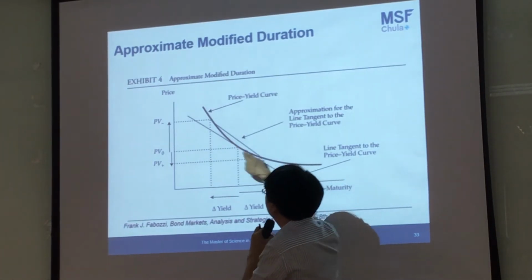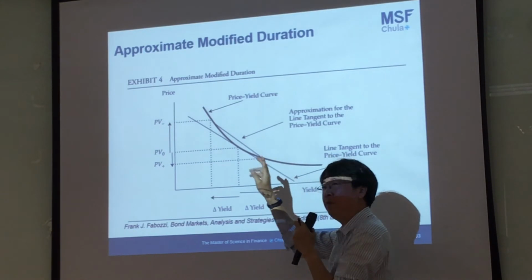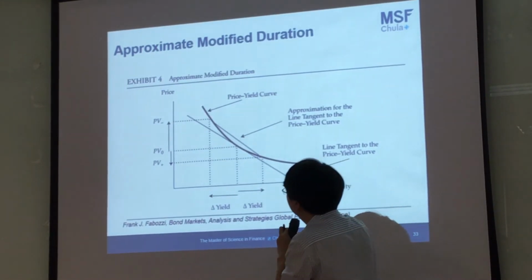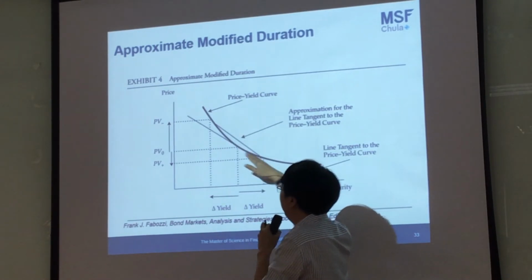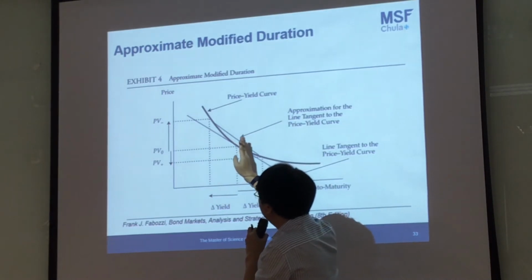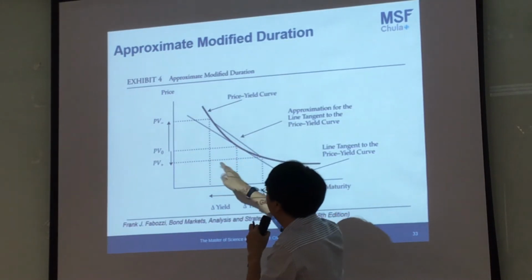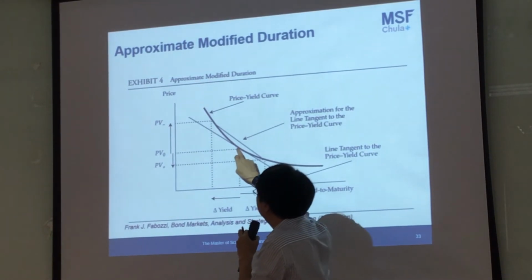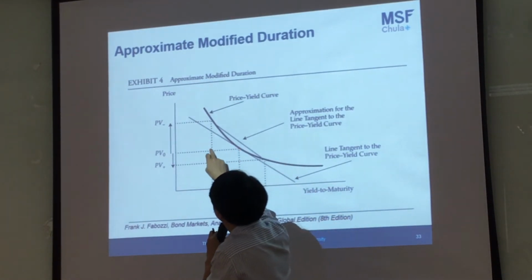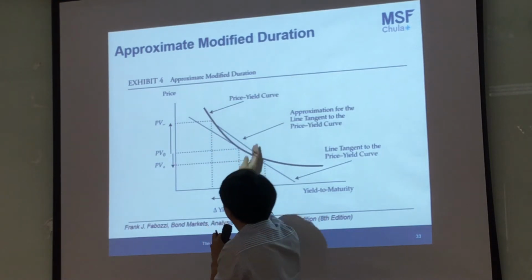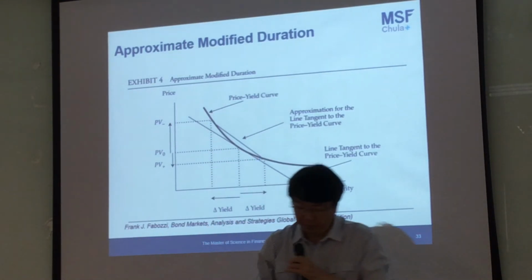So we try to estimate this slope by assuming a change of the yield. Okay, based on the previous formula, if we are currently at this point, the current yield, and then we assume that the yield decreases, and then the bond price increases to this. So you get the new value of the bond when the yield decreases from this to this.